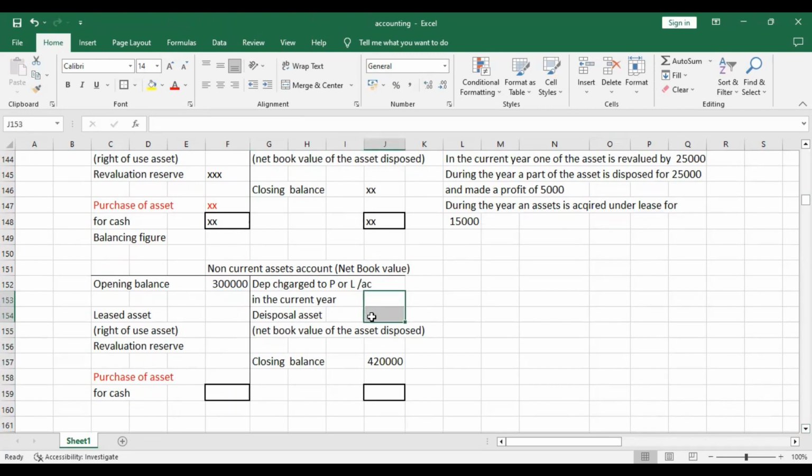Okay, now the depreciation charge in the current year. So how much have they given in the question?